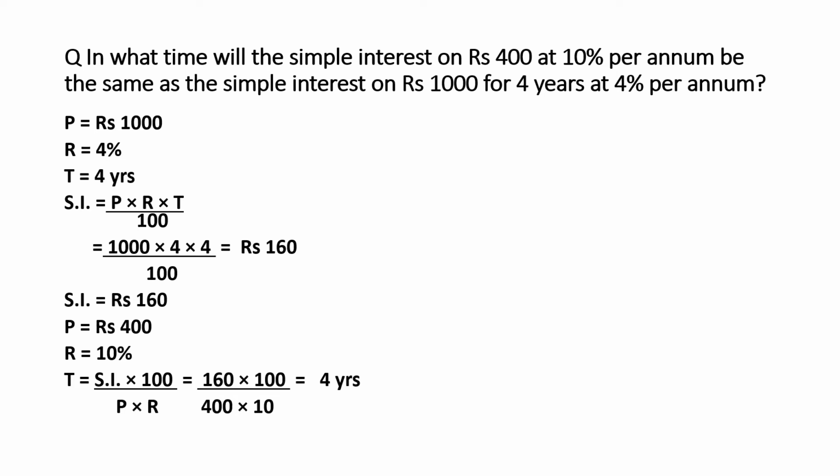This is the 4 years in which the simple interest on rupees 400 at 10% is rupees 160. So in this question, the simple interest given in the second line we have to take out, and we keep that value on the principal 400 at 10%, and then find the time.